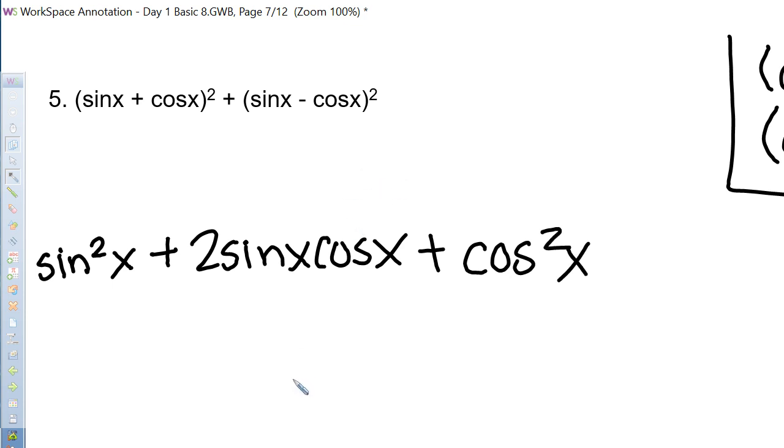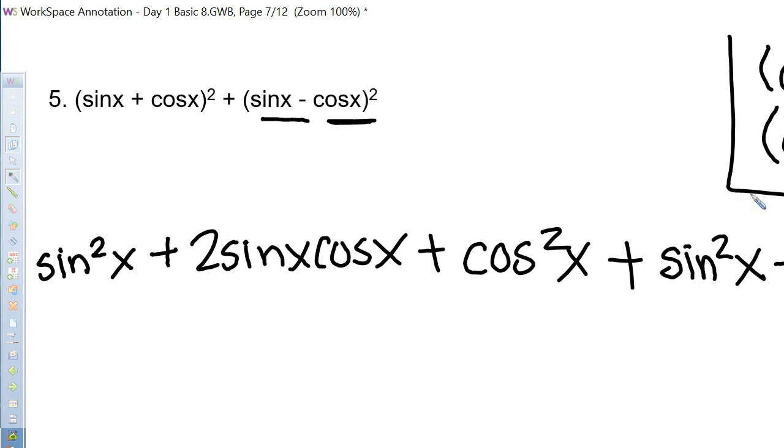So that's the answer for the first binomial. Now, squaring that second binomial. So we have a plus sign between the two. Now, squaring the first term, what do you get? Sine squared of x. Multiply these and double it, what does that give me? Yeah, minus 2 sine of x, cosine of x. Squaring the last term, what does that give us? Positive cosine squared of x.